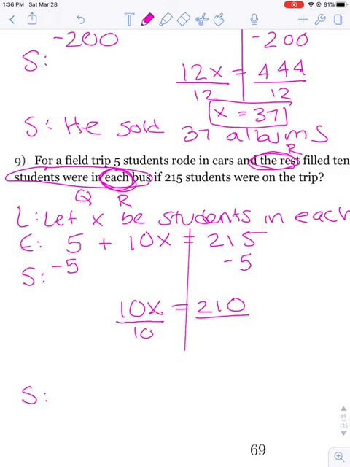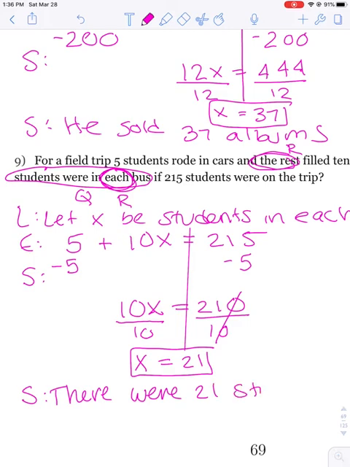Then I have to multiply or divide. Since they gave me multiplication, I have to divide. X equals, and an easy way to divide something by 10, if they both end in 0, is just to cancel out those zeros. So you end up just getting 21, or you could have done long division.